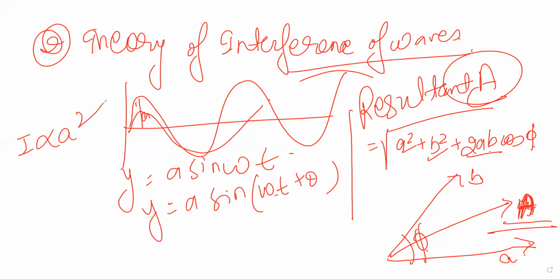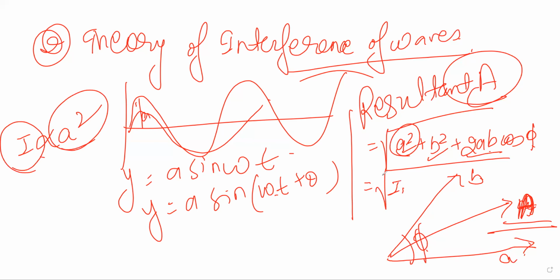So we can also write it as root over I1 plus I2 plus 2 root over I1 I2 cos of phi, because the amplitude A is proportional to root over I. Any doubt here?